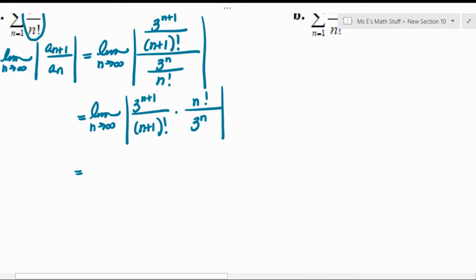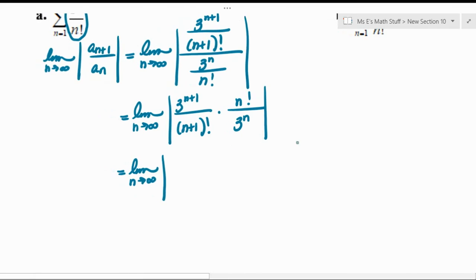And then from here, the point is to simplify the heck out of this expression. So we're going to factor some of the pieces in a way that would help us with canceling stuff out. So let's start with 3 to the n plus 1. I hope it makes sense. That equals 3 times 3 to the n. And then n plus 1 factorial equals n plus 1 times n factorial.